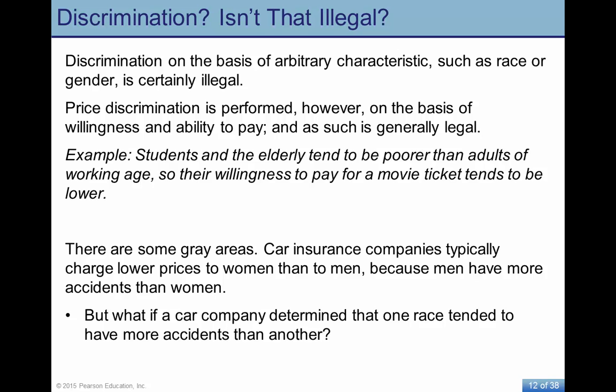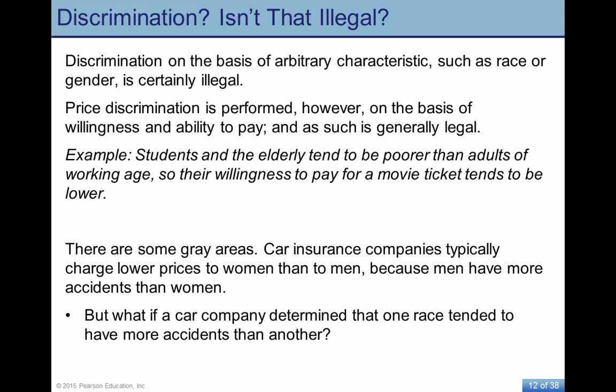Discrimination, isn't that illegal? Discrimination on the basis of arbitrary characteristics such as race or gender is certainly illegal. Price discrimination is performed, however, on the basis of willingness and ability to pay, and as such is generally legal.